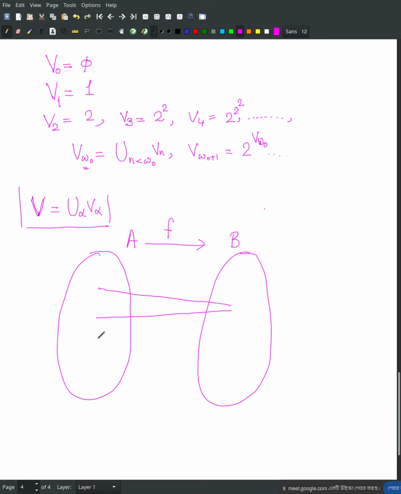Maybe many things can go to a single place. There could be others, and some left over here, left outs. Nothing is left out over here. Now these are the elements which have a pre-image. So you take this subset.